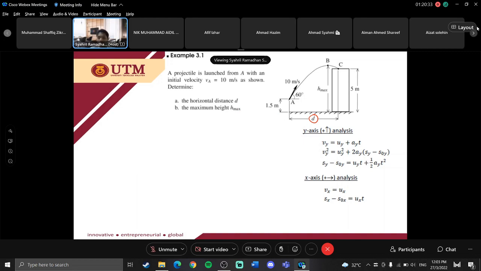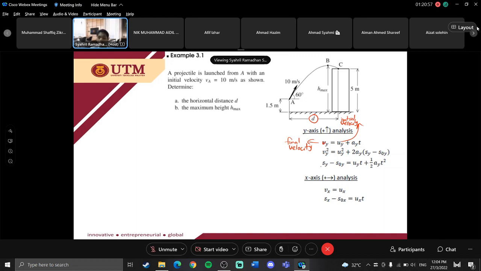V represents the final velocity. U represents the initial velocity. AY is actually g, and t is time.